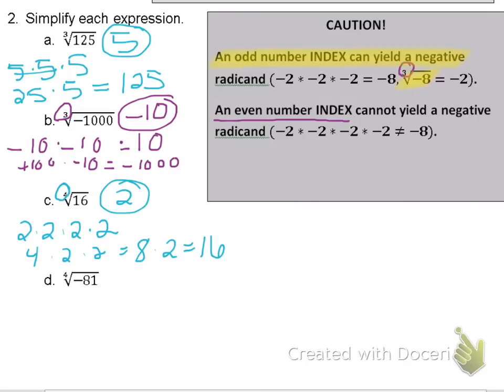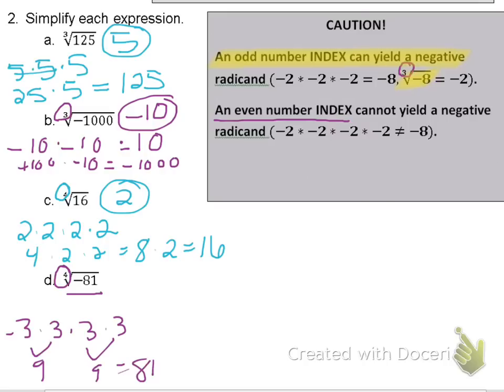But the final example here, example D, we have a fourth root again, and we have a negative in the box. Now we could try 3 times 3 times 3 times 3, so 4 threes, which would be 9 and 9, which is 81.